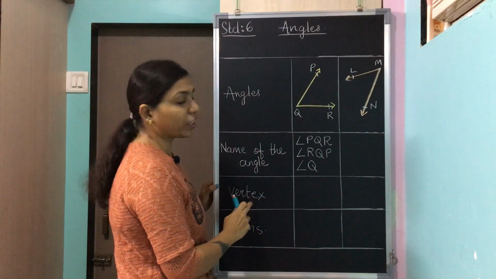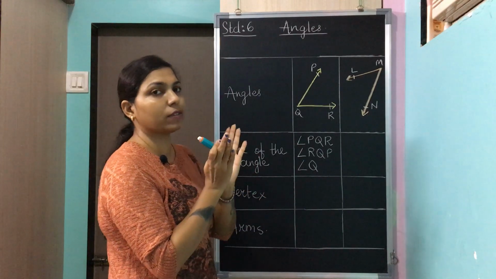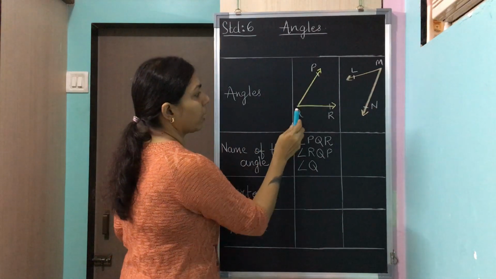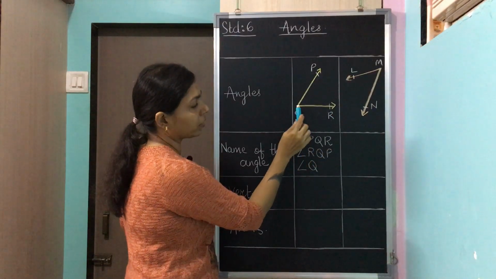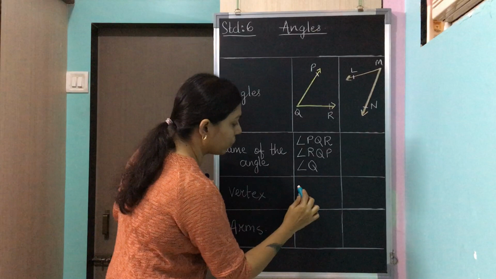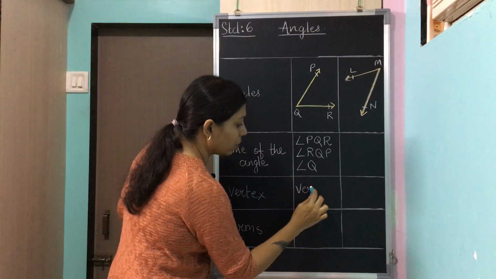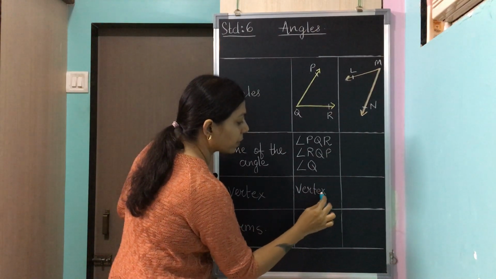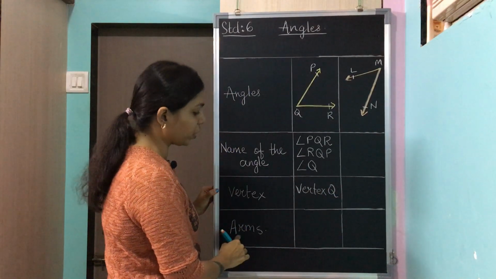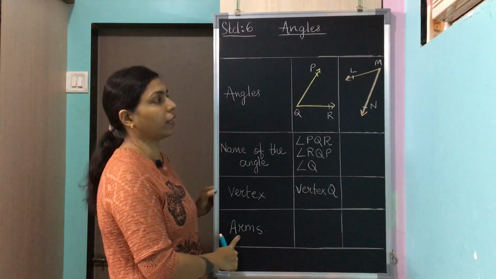Which is the vertex? It is the point at which the two arms are meeting each other. This arm and this arm are meeting at this particular point. So point Q is the vertex. And finally, which are the arms of this angle?